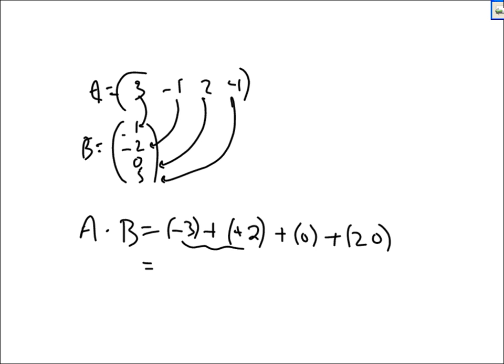That gives you -1 plus 0, which is still -1, plus 20. If you owe somebody $1 and you give them $20, you're ahead $19. It's not a big deal to compute the dot product.